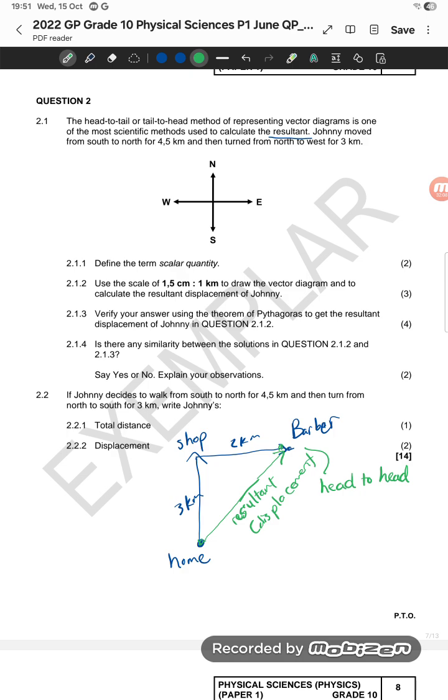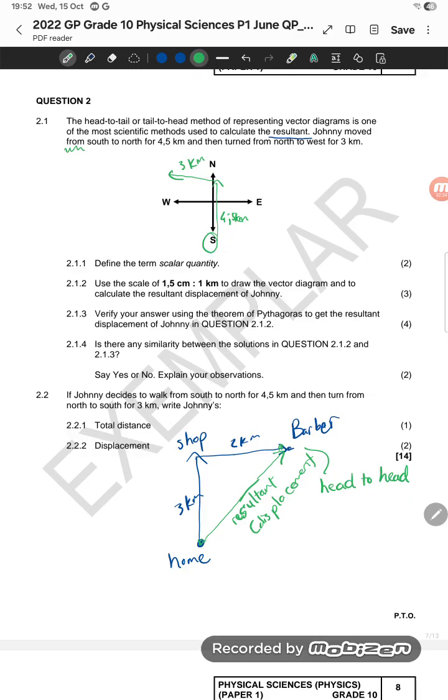Johnny moved from south, which is a keyword, to north for 4.5 kilometers. Okay. And then turned from north to west for 3 kilometers.